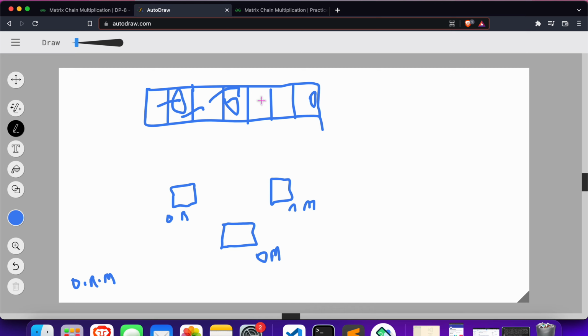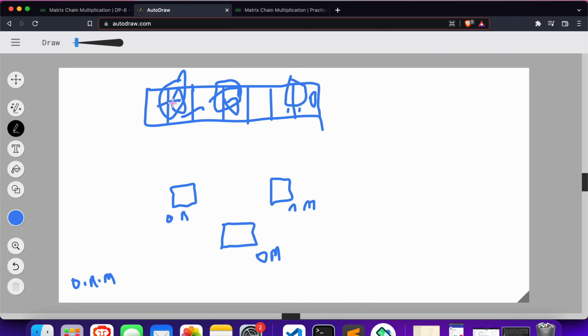So this tells us that we cannot arbitrarily combine this matrix and this matrix, or this matrix.